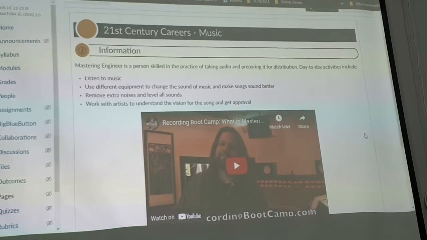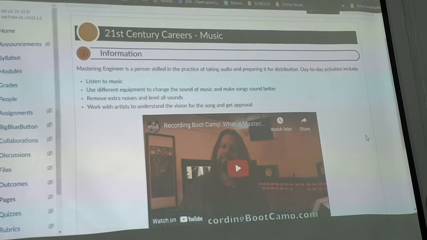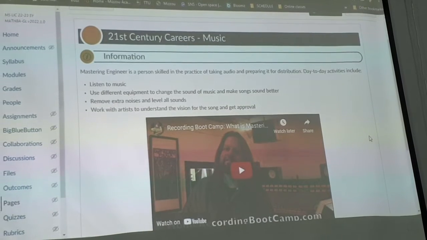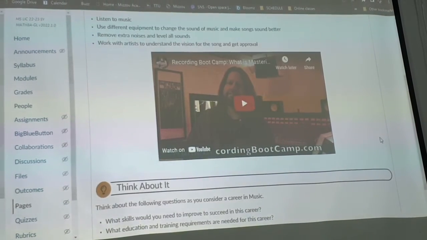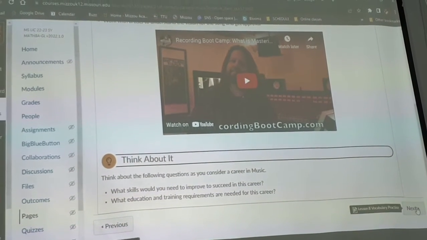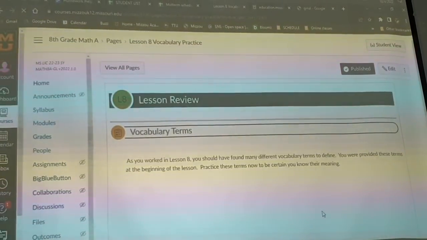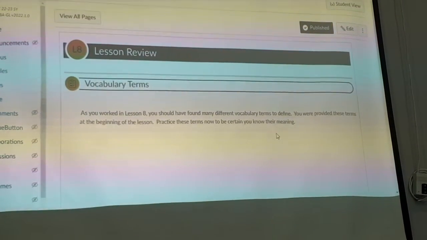What is mastering? A small part. How does it relate to math? Do you understand? It's just music. And vocabulary is just math words.